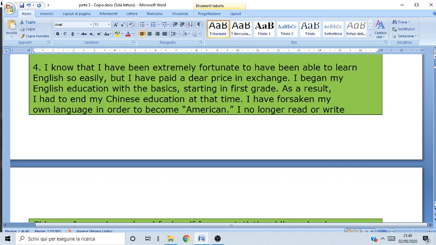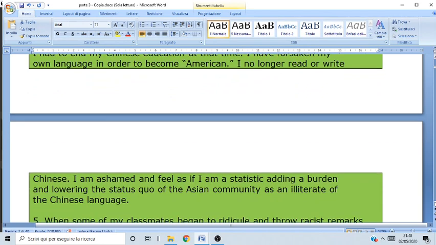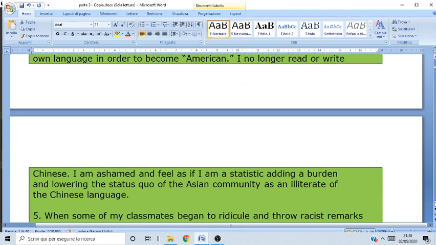I have forsaken my own language in order to become American. I no longer read or write Chinese. I am ashamed and feel as if I am a statistic adding a burden and lowering the status quo of the Asian community as an illiterate of the Chinese language.